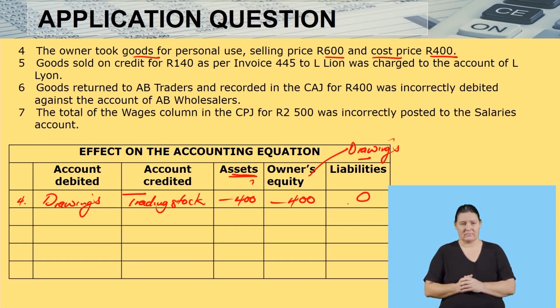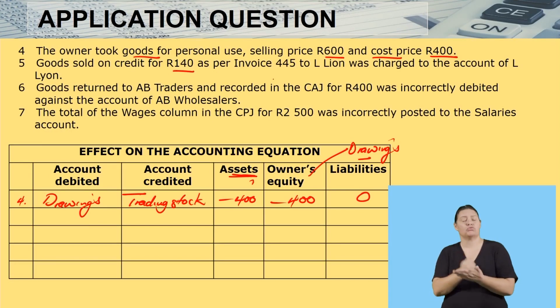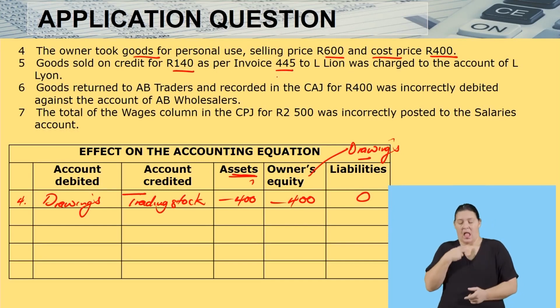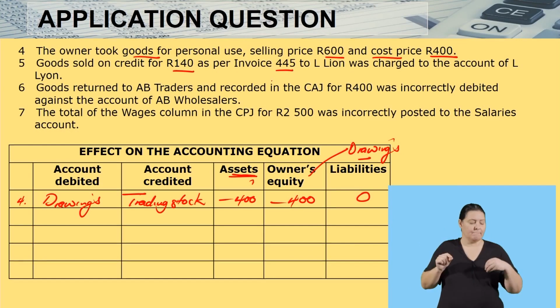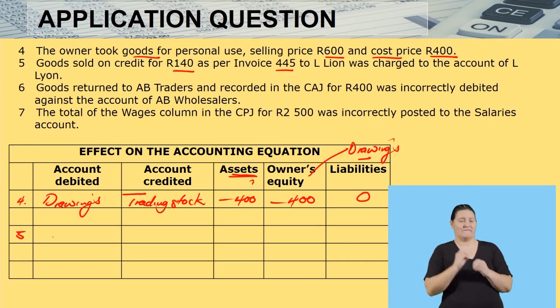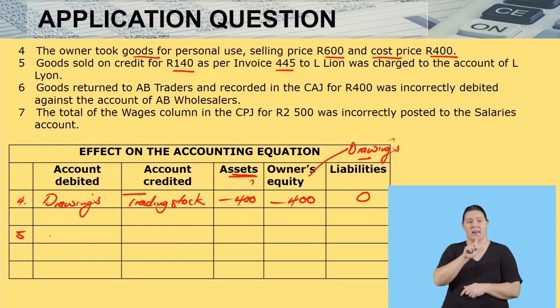Let's look at the fifth one. And it says, goods sold on credit, 140, as per invoice 445 to L Lion was charged to the account of L Leon. So here the error is within the names. What I'm going to do, I'm going to come here and I will now say, if the goods are sold on credit, 140 as per invoice to L Lion, which account was I supposed to debit?